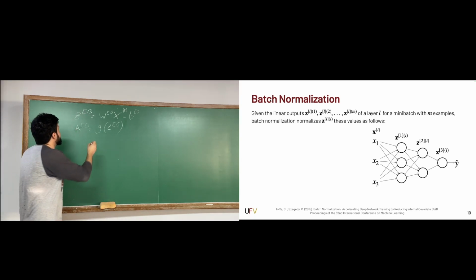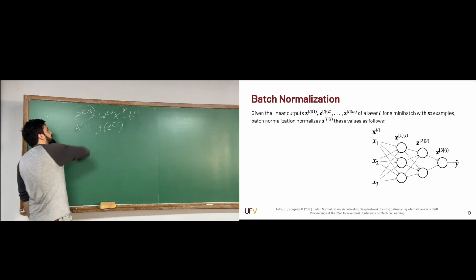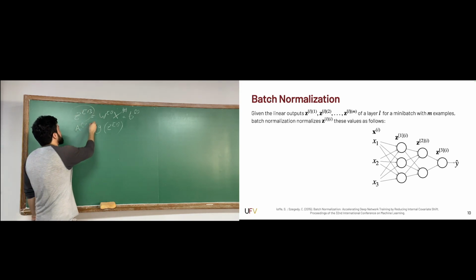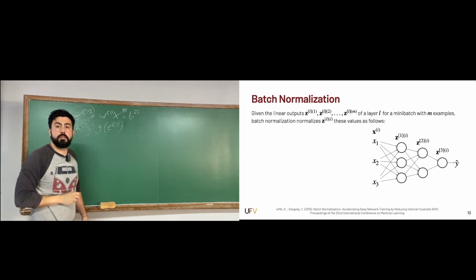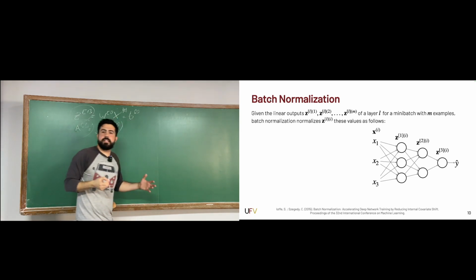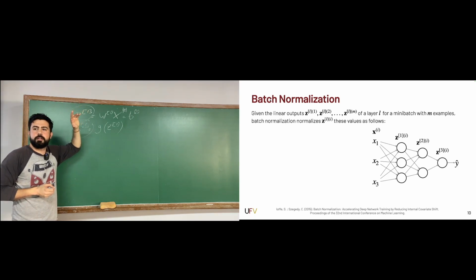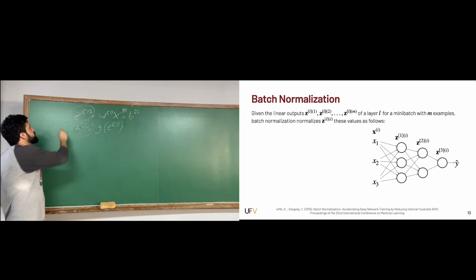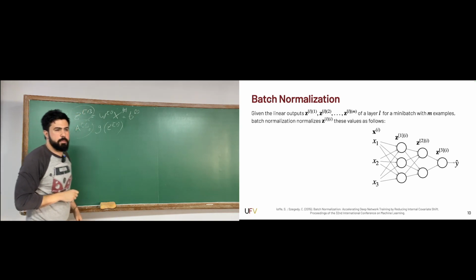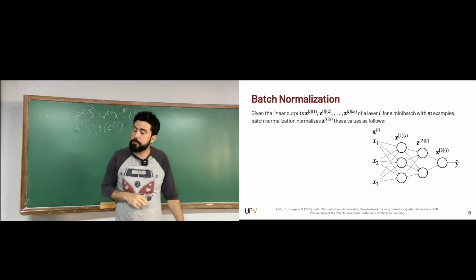What I'm saying is that normally they normalize this value here as opposed to this value here. There's a debate about which one is better, but in practice, most libraries and most people implement this by normalizing the Z's.